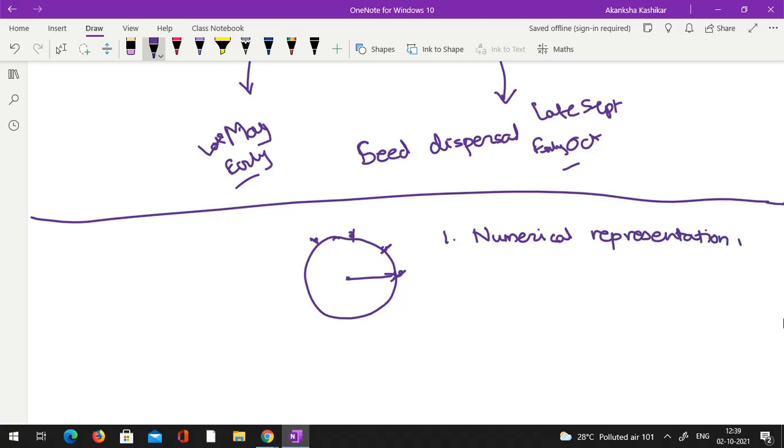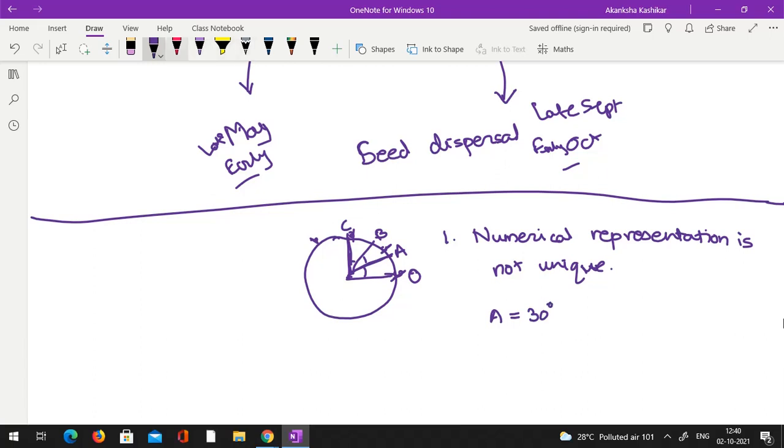What do I mean by that? Suppose this is my, assume these three angles are equal. So this is A, B, C. What would be your reading for A in terms of angle? A mathematician or a statistician would say that A is actually at 30 degrees.